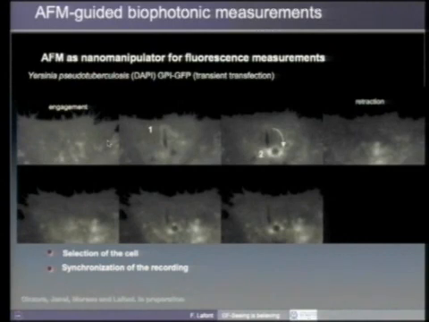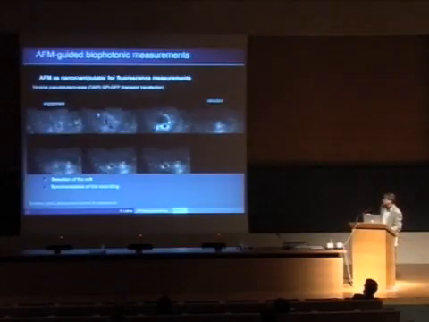The bacteria will stick on the tip. And now you can move your tip to go here. So you move the tip, and then you re-engage. And what you will see is that the proteins are recruited once more around the living bacteria. So this technique allows you to do multiple retractions, which is not the case with optical tweezers.